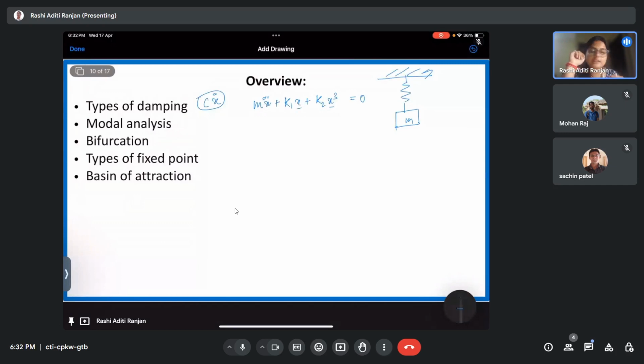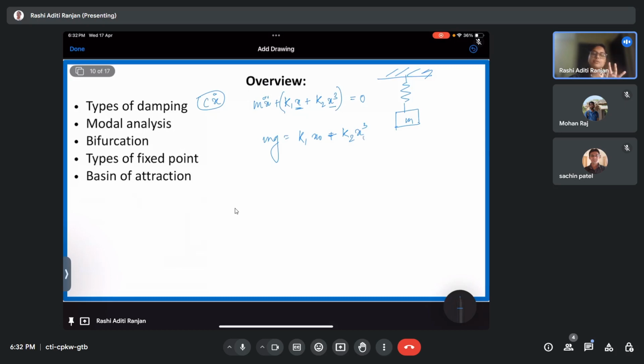So for this case, I have x cube. So I have mg equal to k1. This is the case where we neglect the equilibrium state. If I take the equilibrium state, it would be something like k2 x cube. This is my equation.